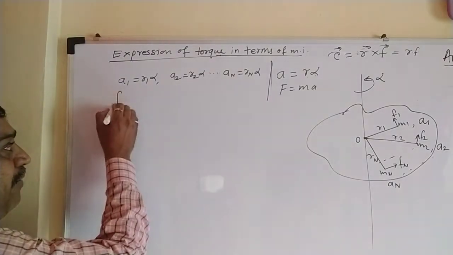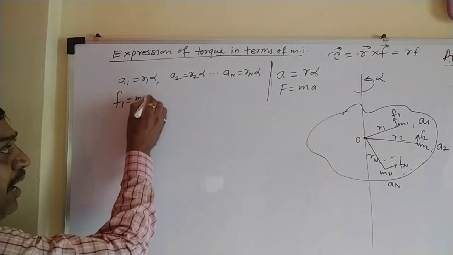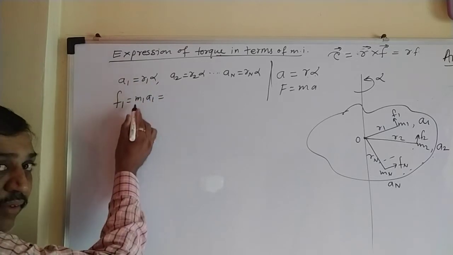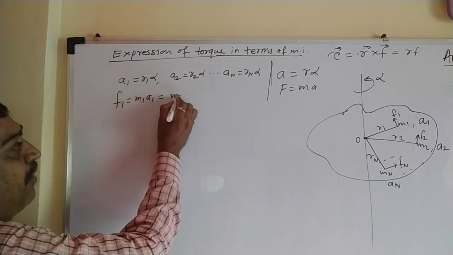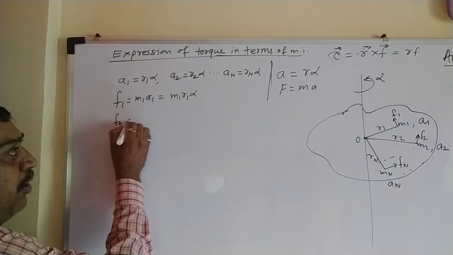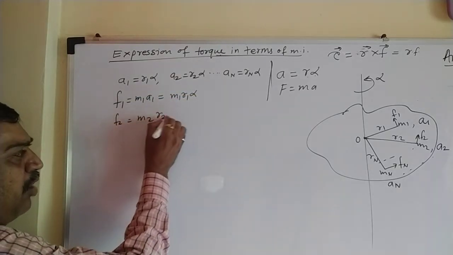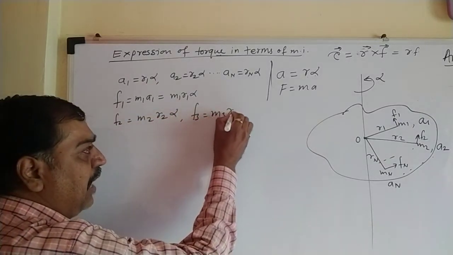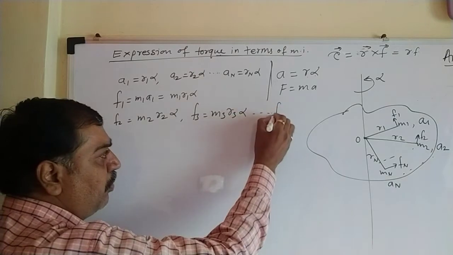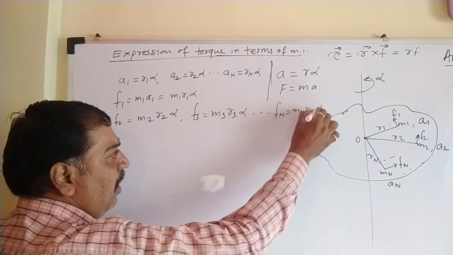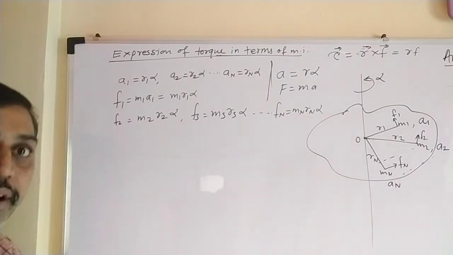So F1 is M1 A1. Put the value of A1 here, so we can write M1 R1 alpha. F2 is M2 R2 alpha, F3 is M3 R3 alpha, and so on up to Fn is Mn Rn alpha.